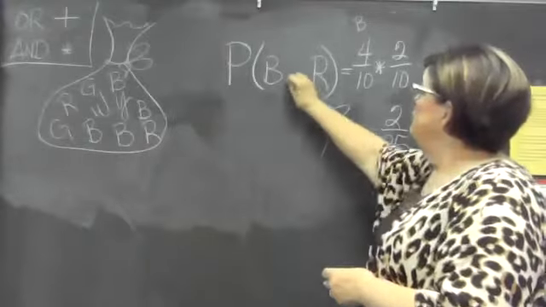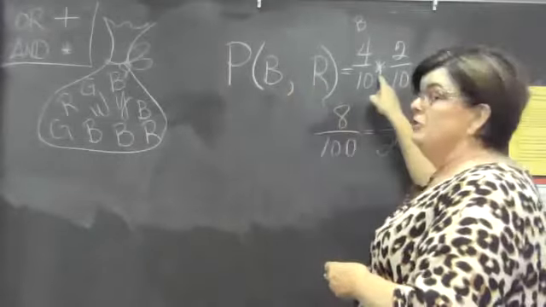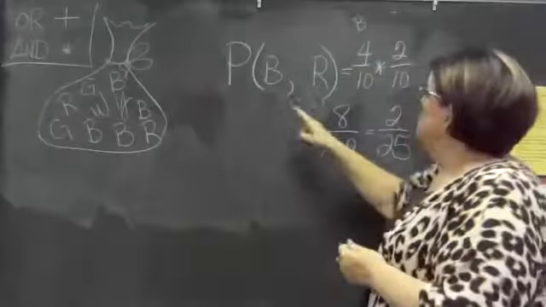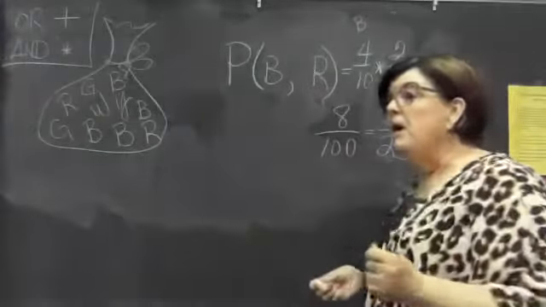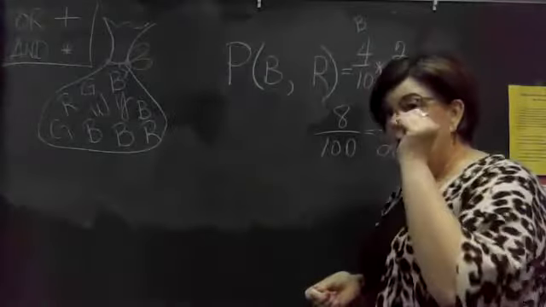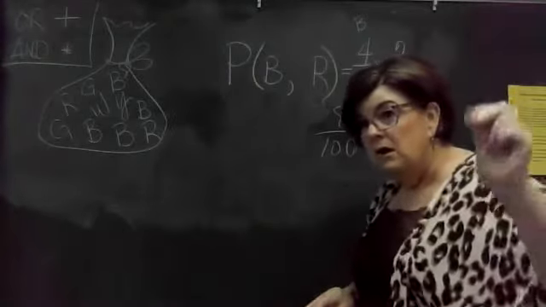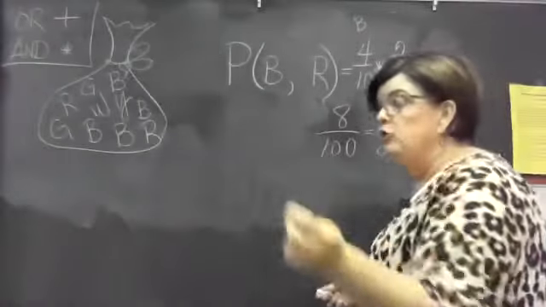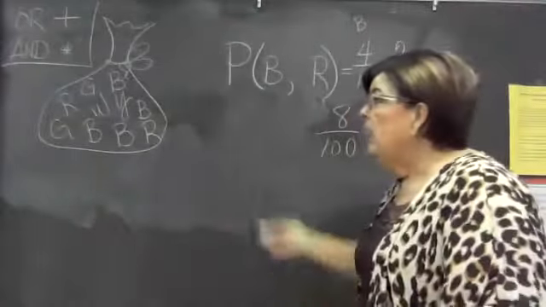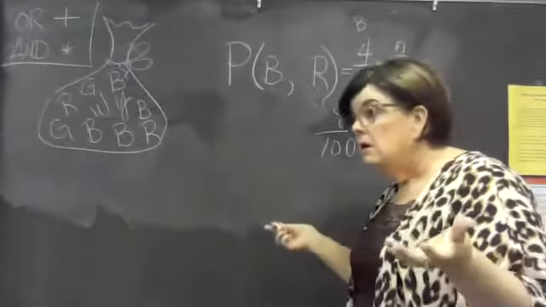Okay, the blue, the comma means I'm going to multiply, right? The blue is 4 out of 10, right? But I took a marble out and left it out. Now, if I took out the blue and left it out, how many reds are there?